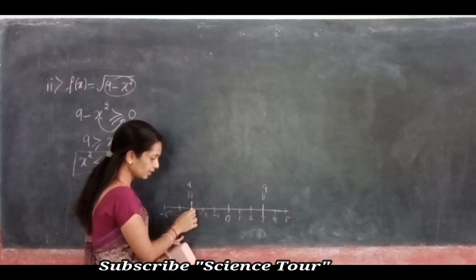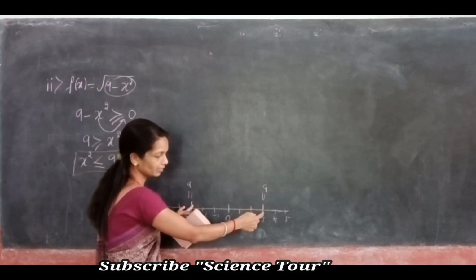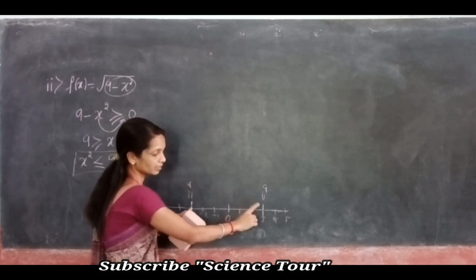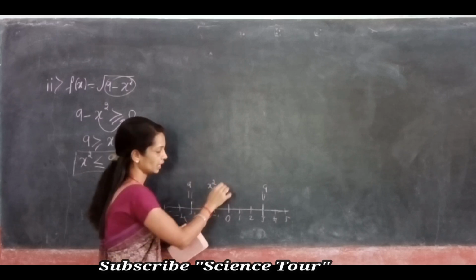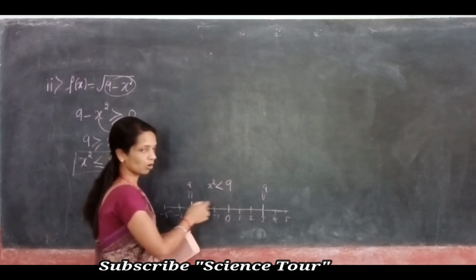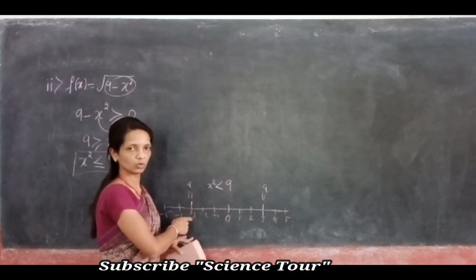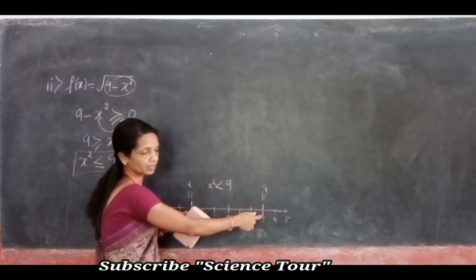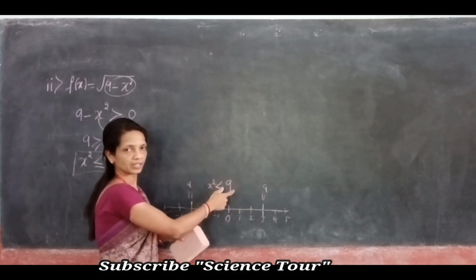If you take any real number between minus 3 and 3, where you have infinitely many real numbers, then the square of that real number is strictly less than 9. If you take 3 or minus 3, then the square is equal to 9.